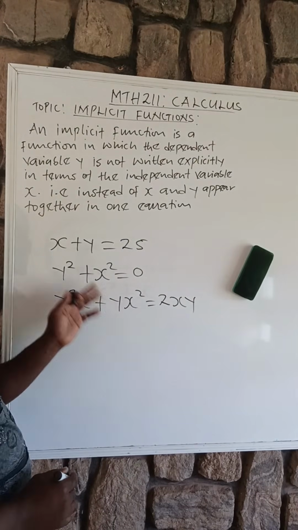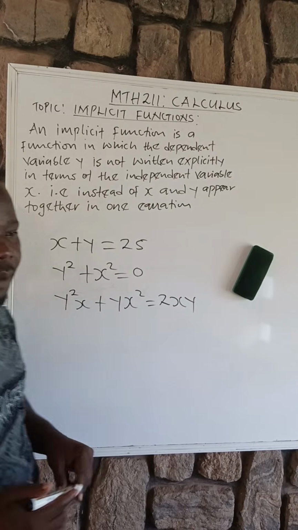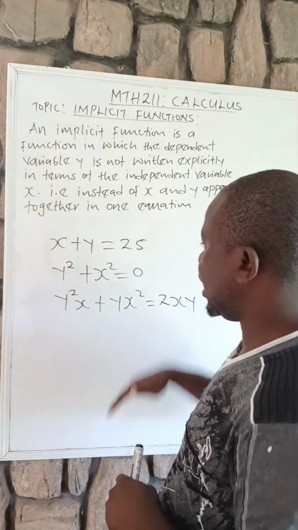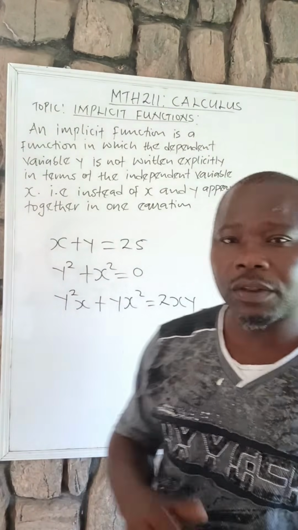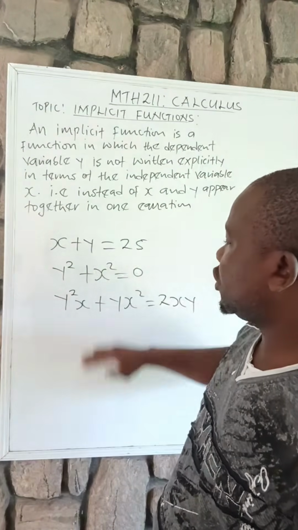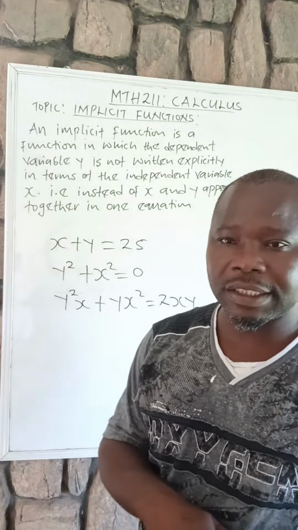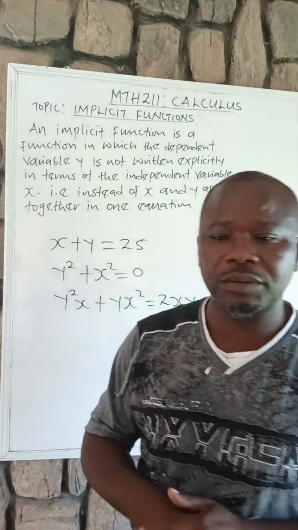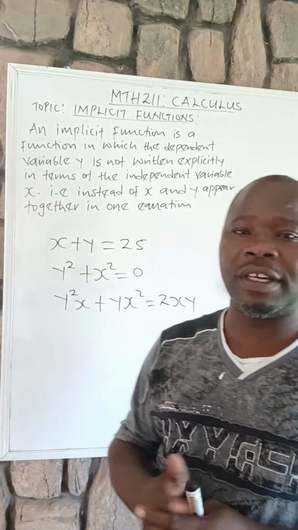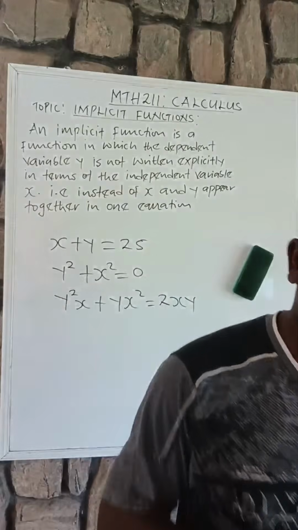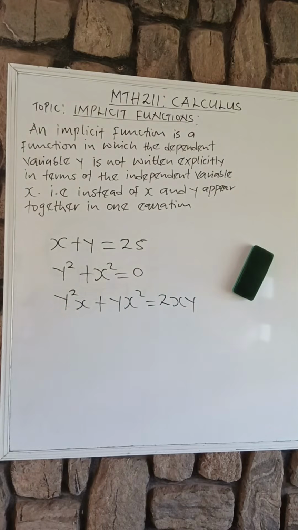This is an example of implicit function. Take note. So whenever you are asked to write one or two examples of implicit functions, this is what you are supposed to write. Is that clear? Is there any question? So take note of the definition, should in case you are asked to define an implicit function. Any question before we proceed further? Is that clear?